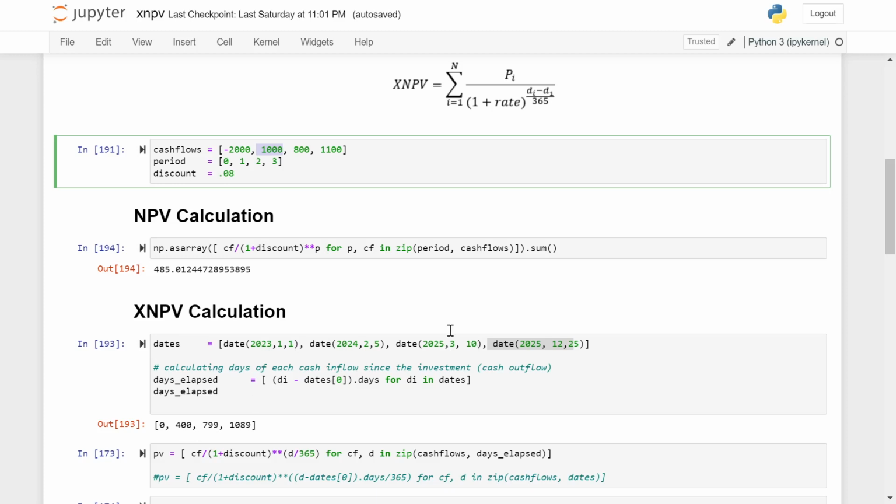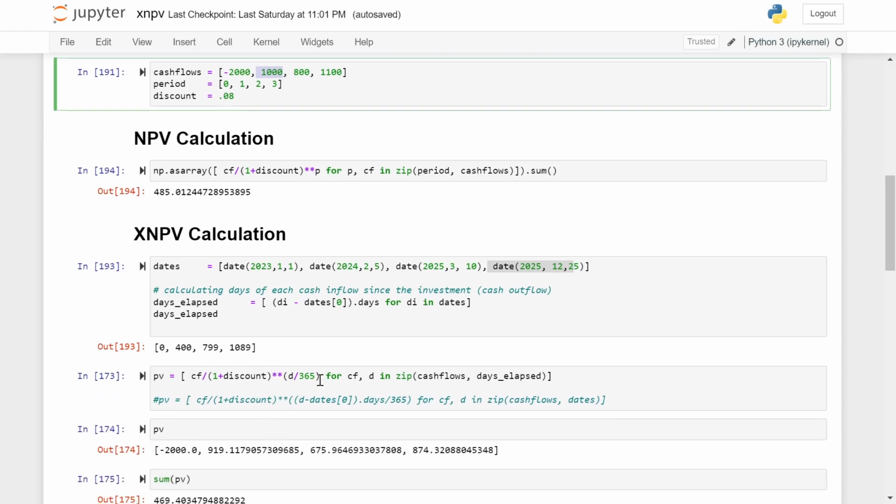And about this 800, the date being 10th March 2025, how many days have elapsed since the initial investment? 799. And for the last cash inflow, the number of days elapsed is 1089.